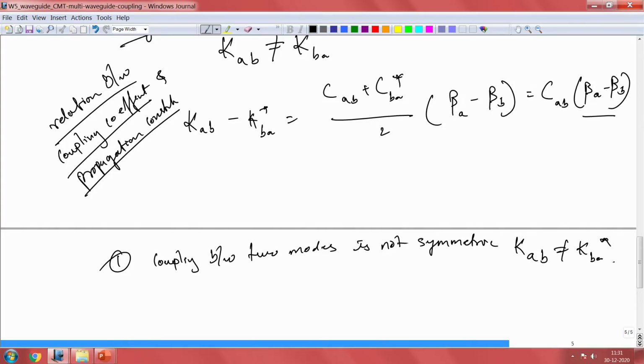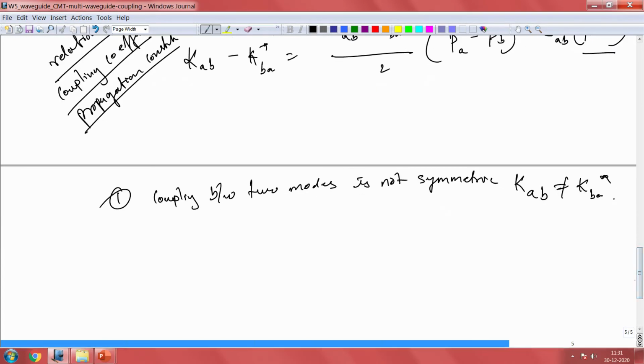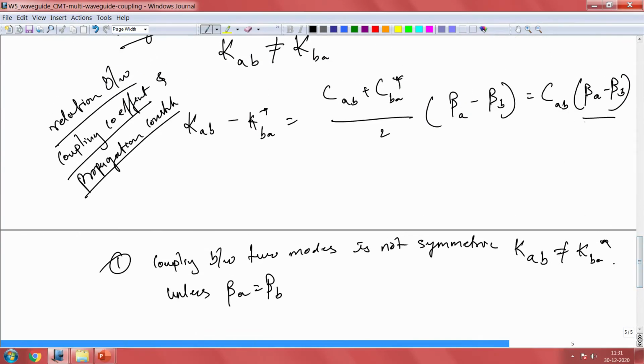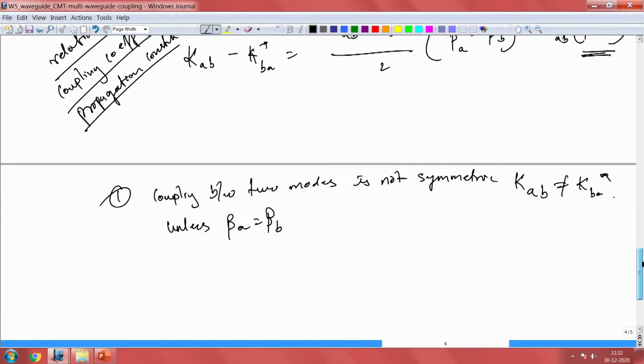This is true unless your beta A is equal to beta B. That is what we showed, we looked at here now. If beta A equals beta B, this goes to 0 and kappa AB will be equal to kappa BA star. So, the reverse coupling will be identical, right.